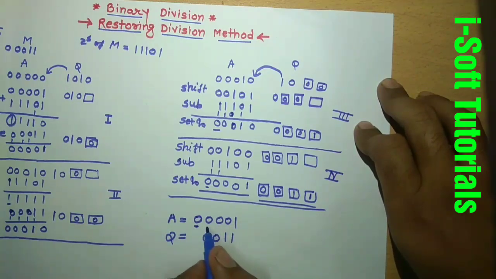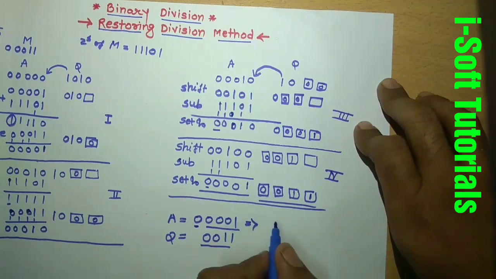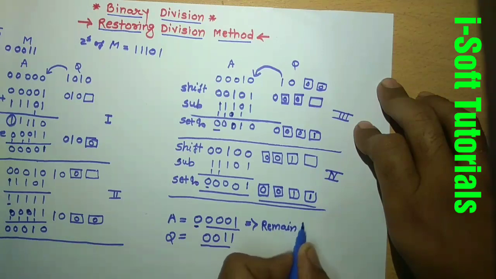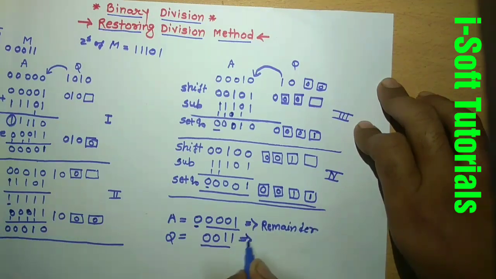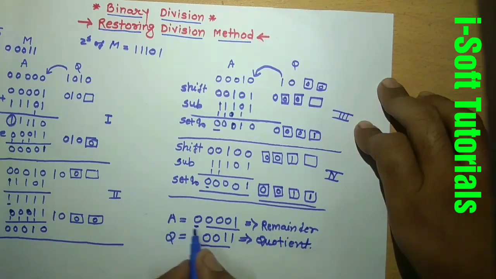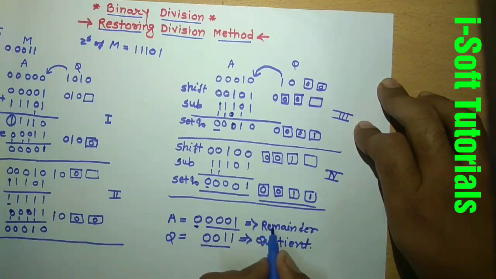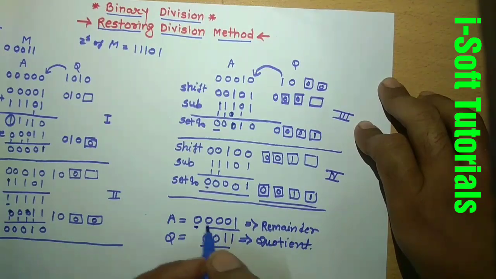This is our 4-bit result in Q. So A will be our remainder and Q will be our quotient. So we got the result in A as 0 0 0 1, 4 bits, and Q as 0 0 1 1. You can neglect this last bit. So A and Q are respectively the remainder and quotient. So thank you friends.